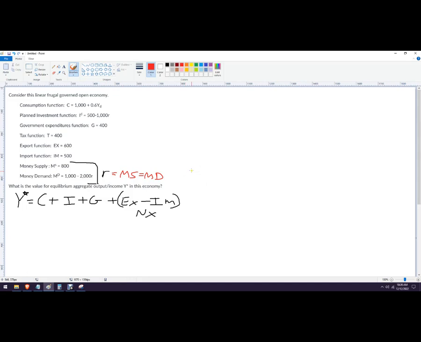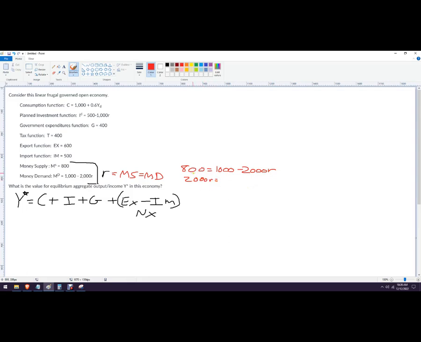So money supply is 800, and then we're just going to plug in money demand: 1,000 minus 2,000 R. So we'll subtract 800 from both sides, and we're going to add 2,000 R to both sides. That'll make this side disappear. We'll end up with 2,000 R over here.